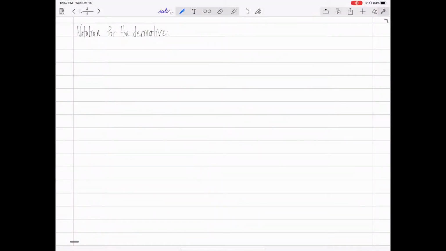Okay, so for notation for the derivative, there is a wide variety of notation we'll use. So I'm just going to write these all out as an equivalency so you can see they're all pretty much the same thing. So these are essentially all slopes. So it's just kind of different notation for that same idea. So f prime of x, this would be the notation that we got from Isaac Newton.